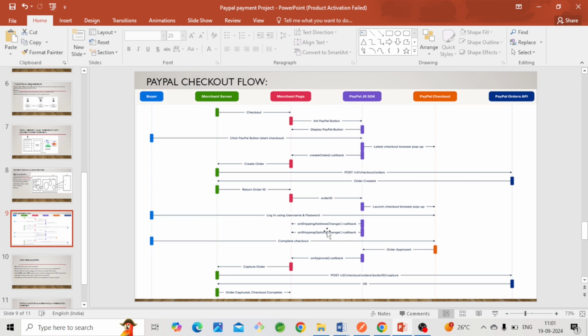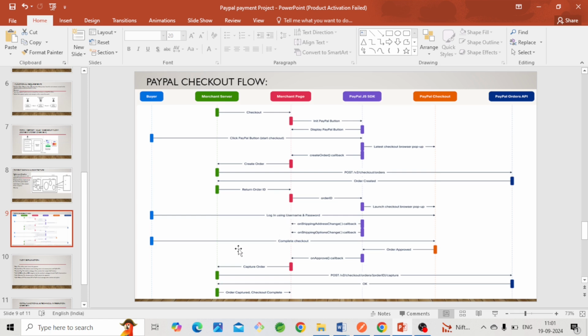On shipping address change or shipping options, the PayPal SDK library triggers a callback and notifies the merchant system on the front end page.